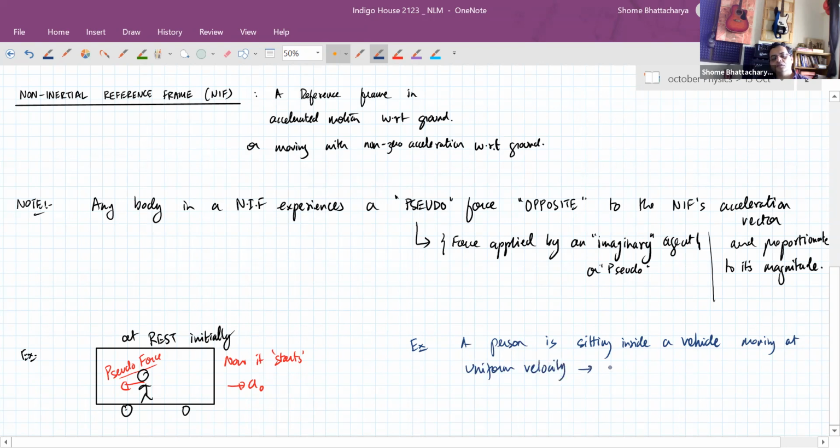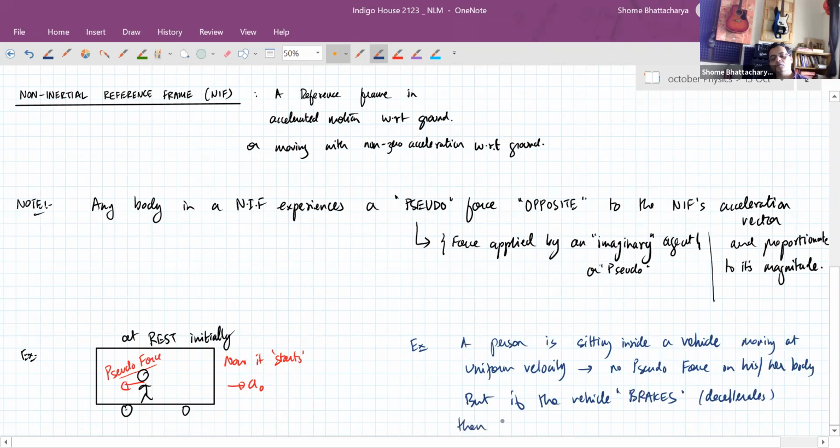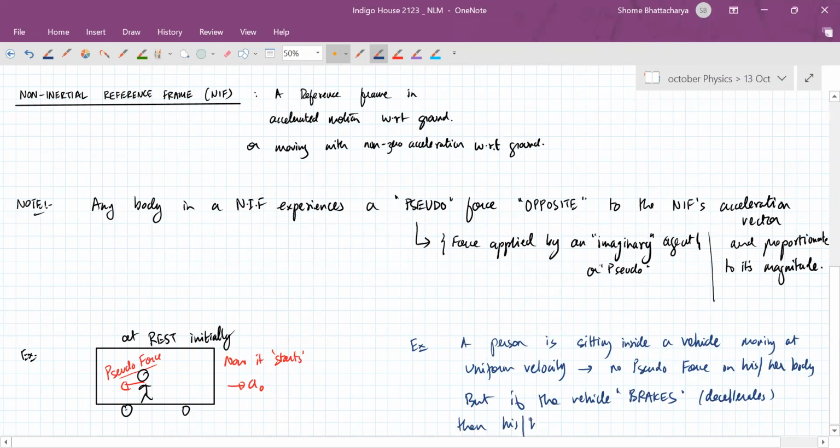So in this case, there is no pseudo force on his or her body. But if the vehicle brakes, that means it decelerates, then his or her body experiences a force in the forward direction.